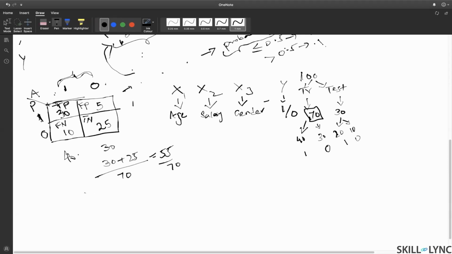So the accuracy formula is true positive plus true negative divided by true positives plus false positive plus false negative plus true negative. It's very simple to understand, but you have to remember these terminologies because in an interview they might ask what is true negative.